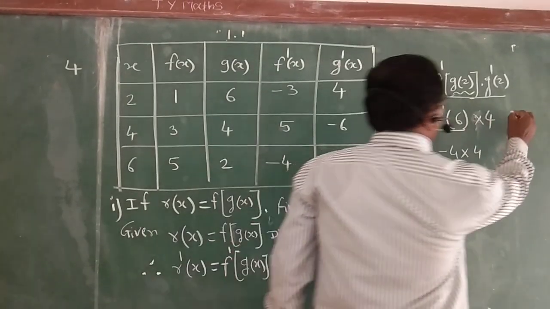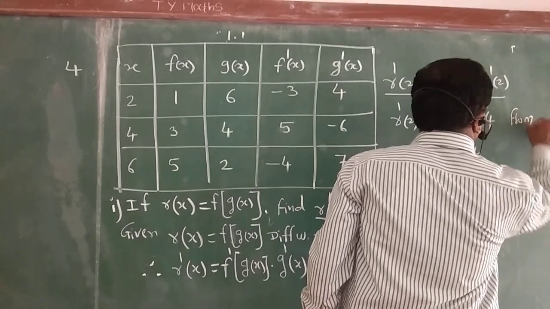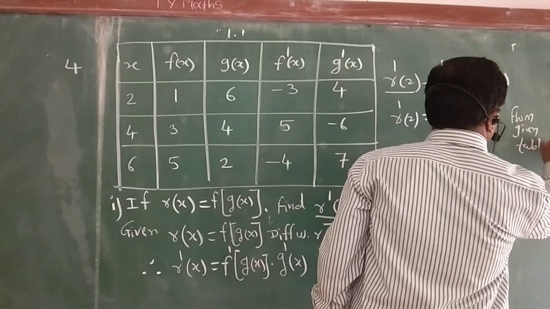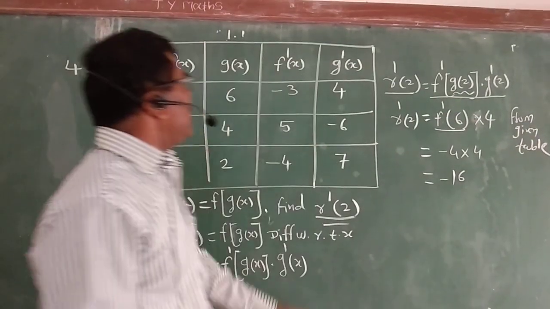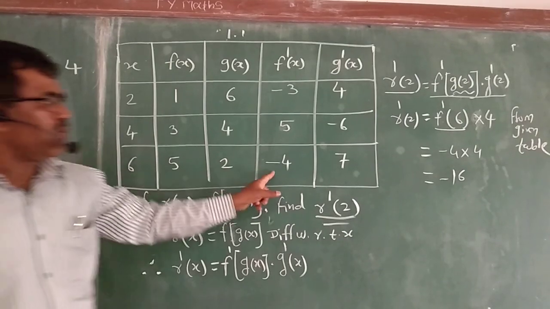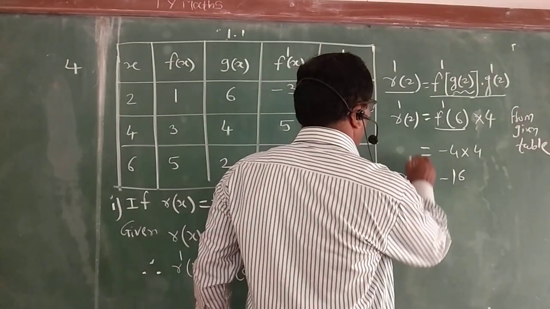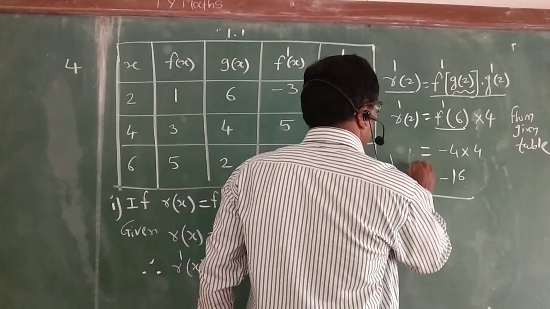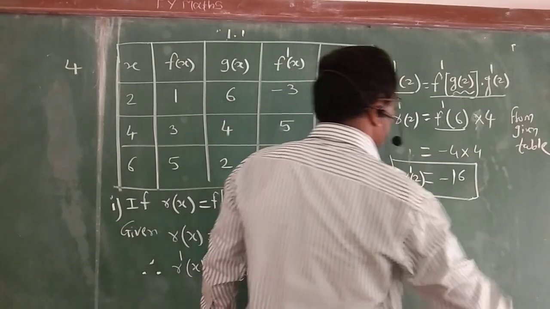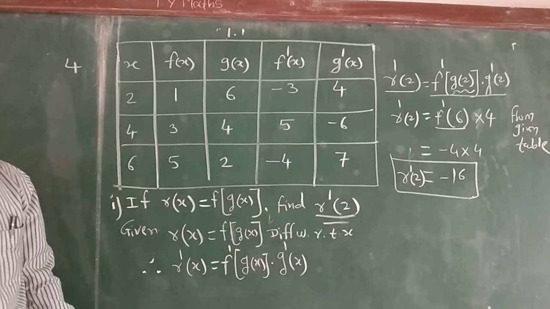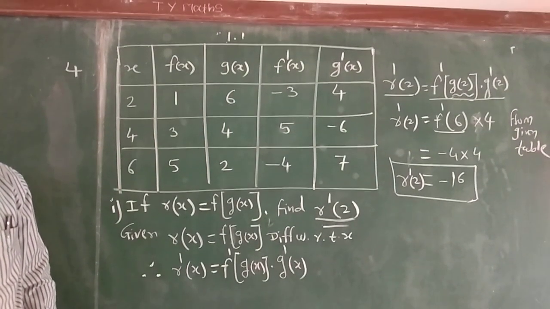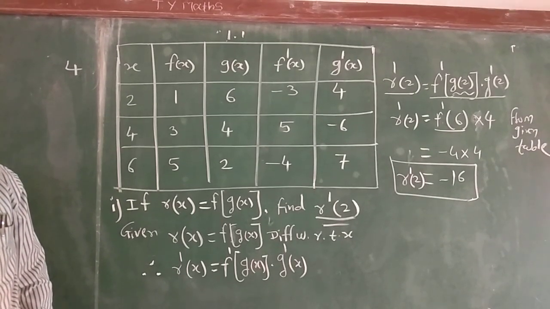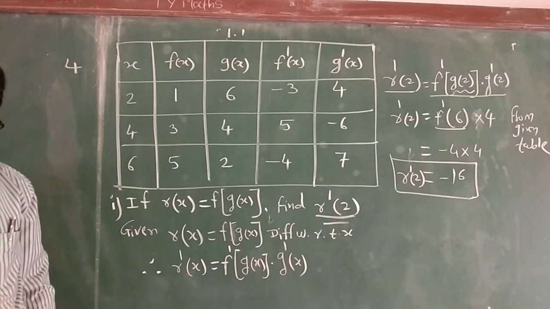Similarly, from the given table, f dash 6 equal to minus 4, therefore r dash 2 equal to minus 16. R dash 2 equal to minus 16 is the answer of question number first.